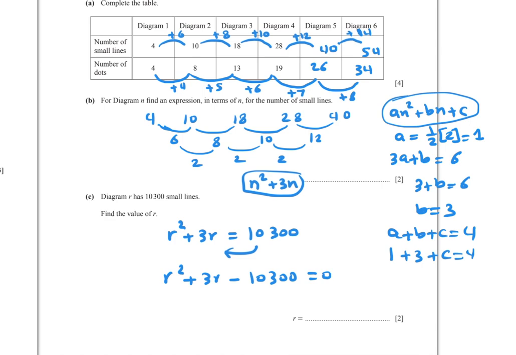Mode 5, 3. a equals 1, b equals 3, c equals negative 10,300. You have two values for R. The first value, negative 103, which is rejected, and the second value, 100. So R equals 100. The negative value is rejected because the order of the term cannot be negative. So now R equals 100.